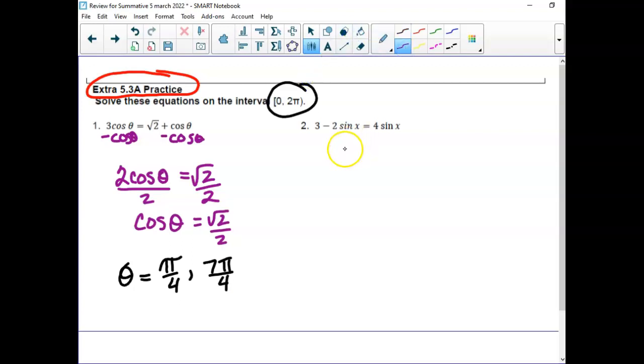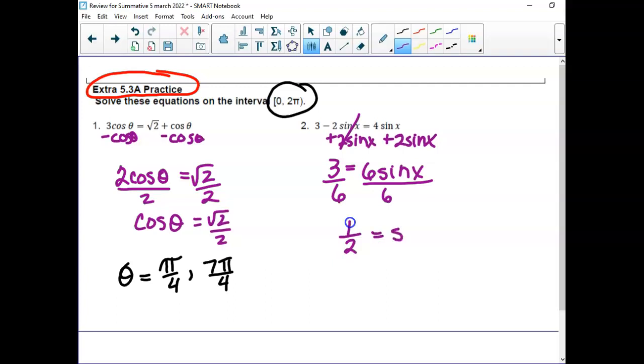So on the next one, I might add 2 sine x over to the other side. You could make it equal to 0. You just have to solve it in whatever order you want, but 4 sine x plus 2 sine x would be 6 sine x. And then I'm dividing by 6, so I end up with 1/2 equals sine of x.